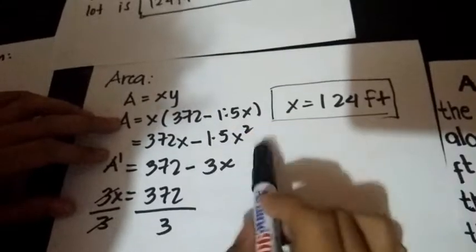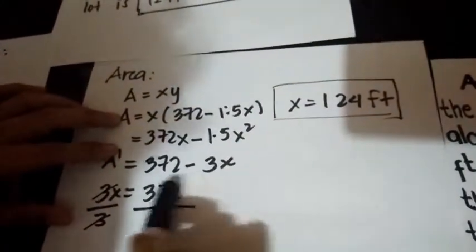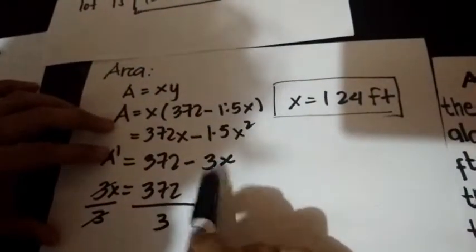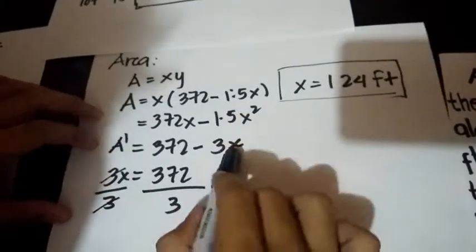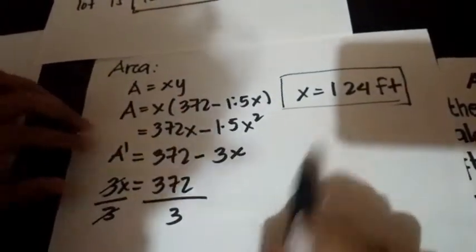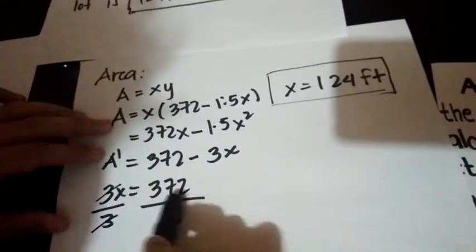The 2 will be brought down, then 2 minus 1, it will become x, so it will become 3x. So the 3x will be transposed here, because we must find only the variable x. So 3x is equal to 372.